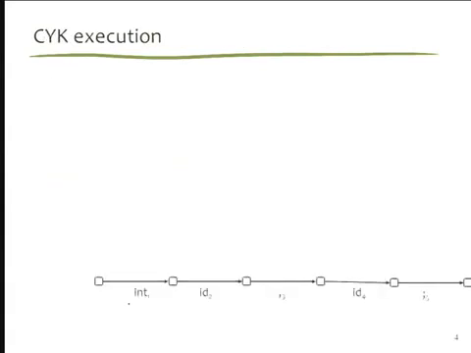You can visualize it in many ways. One of them that will probably be most handy for your project is to think about the CYK execution as a graph. So at the bottom, we have our input from the grammar that we are looking at so far. We usually give all these tokens and non-terminals subscripts just so that we can distinguish this ID from that ID.